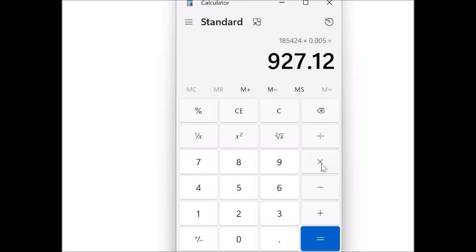If we take $927 and multiply this by 1,600, this gives us 1,483,392 naira.